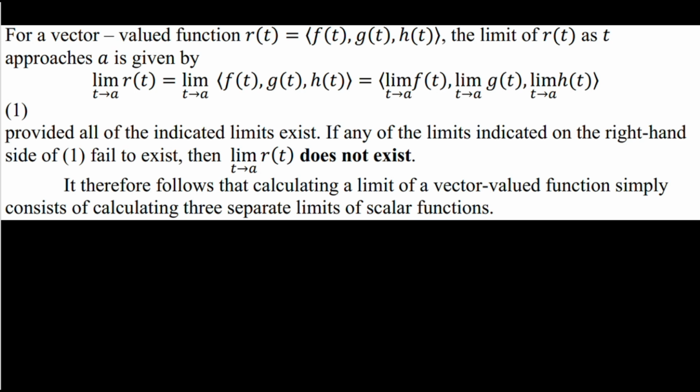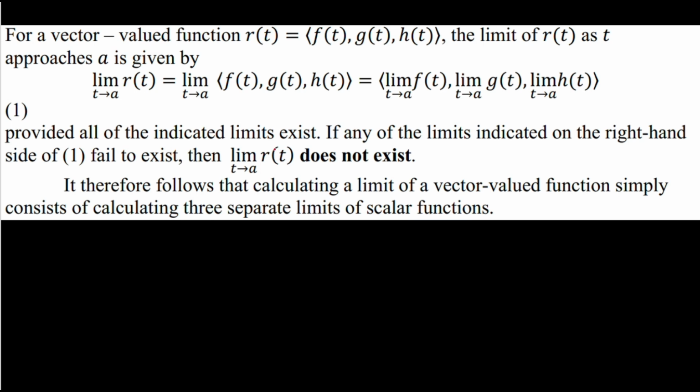So lim f of t as t approaches a, and lim g of t as t approaches a, and lim h of t as t approaches a, provided all the indicated limits exist.